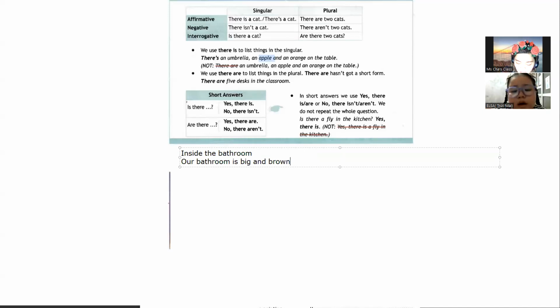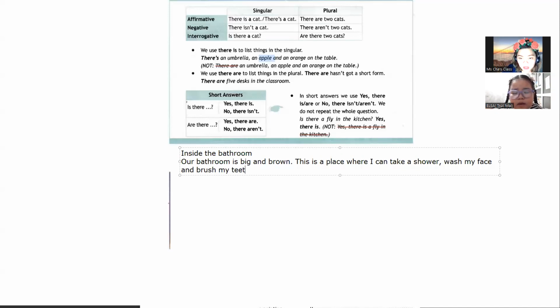This is the place where I can take a shower, wash my face, and brush my teeth.